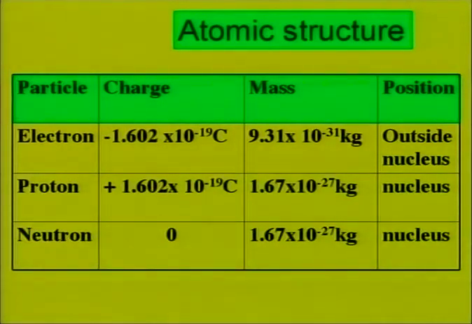Now the charge on each electron is about 1.602 times 10 to the minus 19 coulombs, and then you have a proton, which is positive but has the same magnitude as the electron. So it is about 1.602 times 10 to the minus 19 coulombs, but this time it is positive. The net charge on this will be negative, and the net charge on this would be positive.